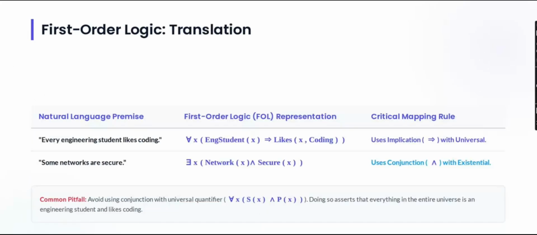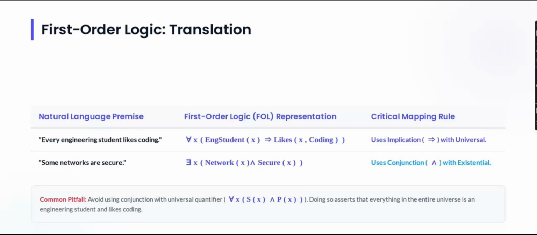Okay. Look at how we translate everyday English into first order logic. First, we have every engineering student likes coding. Because this applies to everyone, we use the universal quantifier, which is the upside down A, for all. It tells the computer if a person is an engineering student, then they like coding.